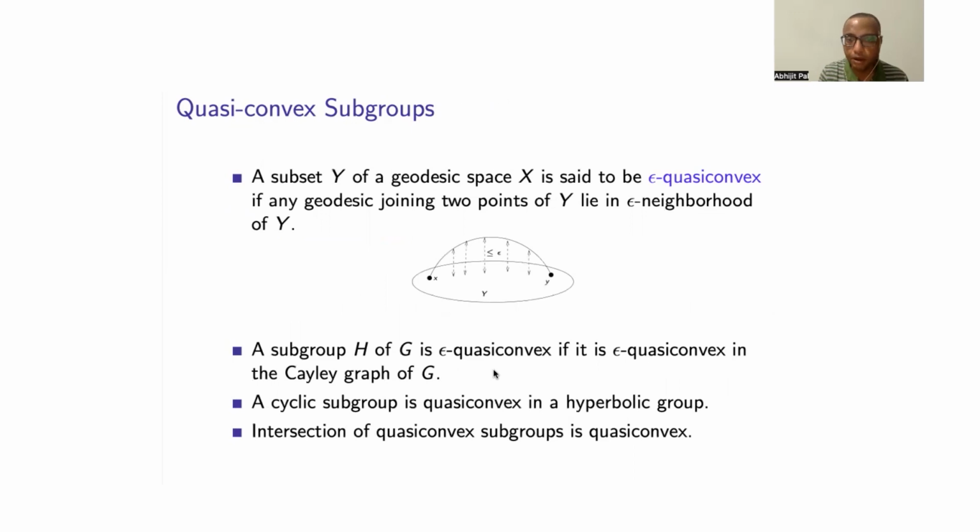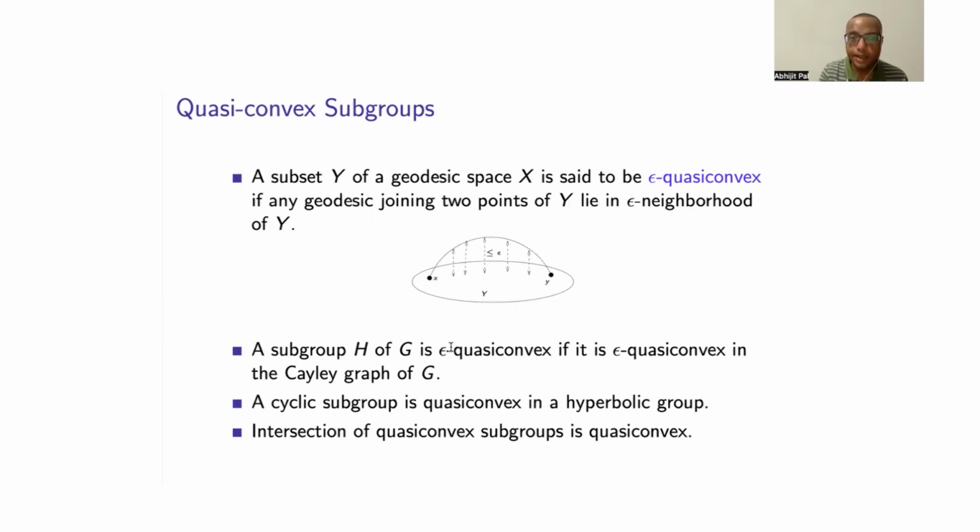A subset Y of a geodesic space X is said to be epsilon quasi-convex, where this number epsilon, which is non-negative, is pre-chosen, if any geodesic joining two points of Y lies in the epsilon neighborhood of Y.